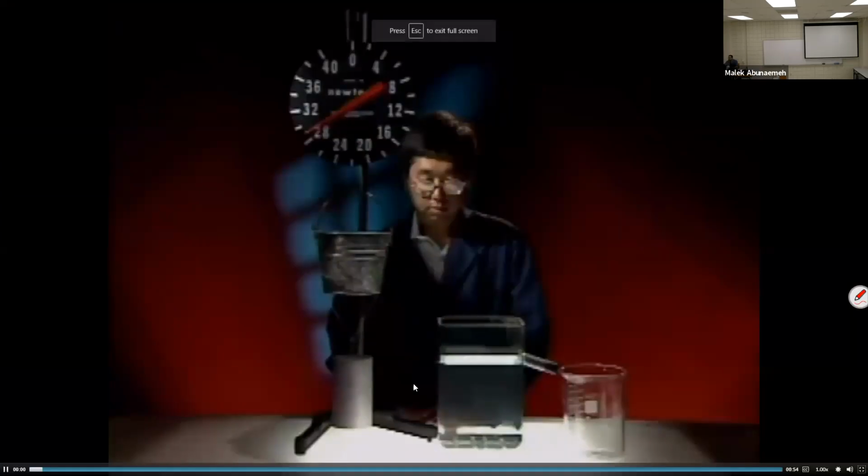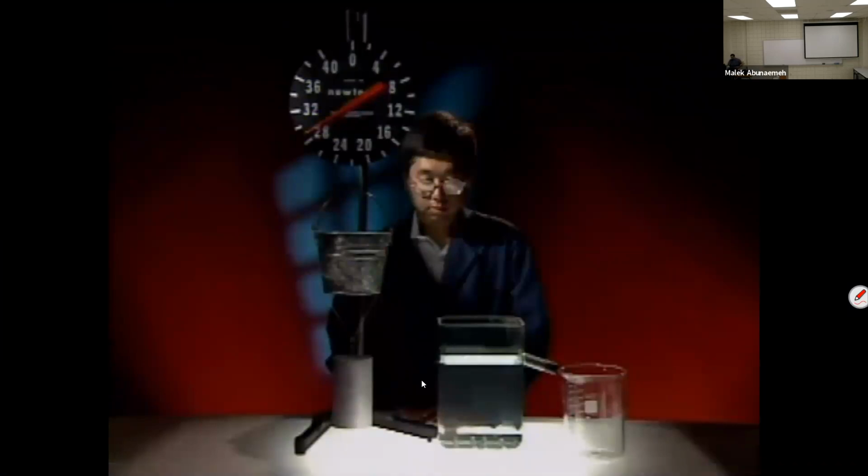This demonstration will show how the buoyant force on a submerged object is related to the amount of water displaced by the object. This aluminum cylinder and pail hang from a scale, which shows the total weight to be 29 newtons. We'll lower the cylinder into this water container, which has an overflow spout.